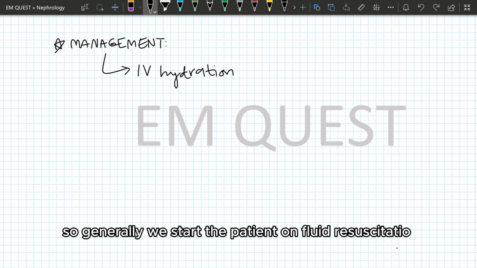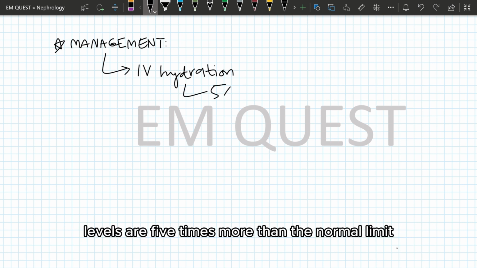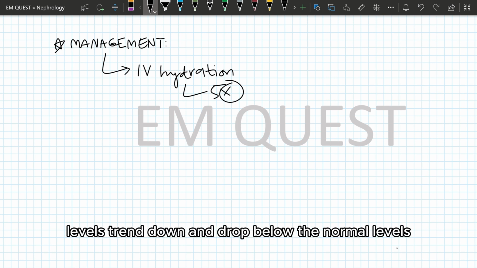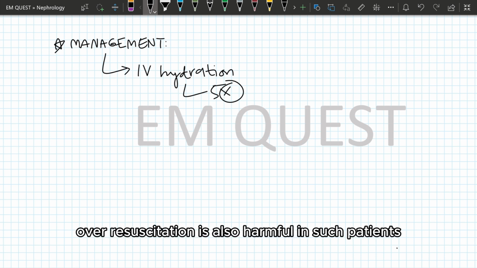Generally we start the patient on fluid resuscitation if their CK levels are 5 times more than the normal limit, and it should be continued until the CK levels trend down and drop below about 1000. But bear in mind that over-resuscitation is also harmful in such patients.